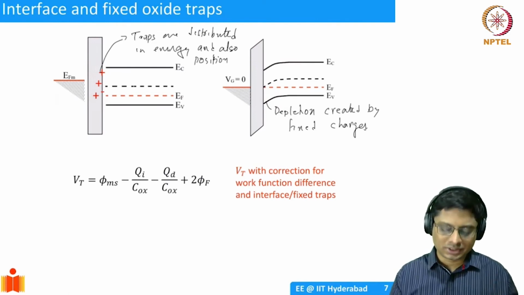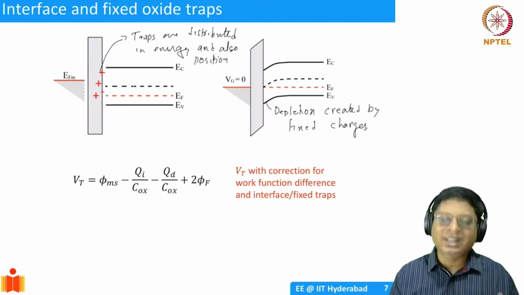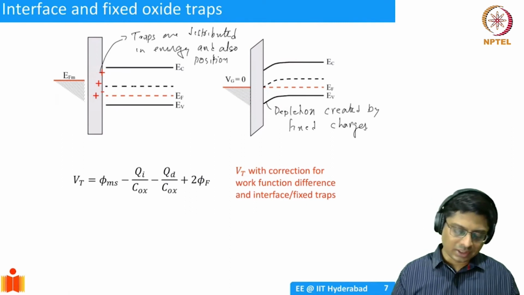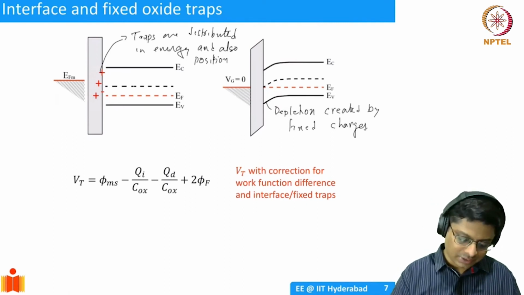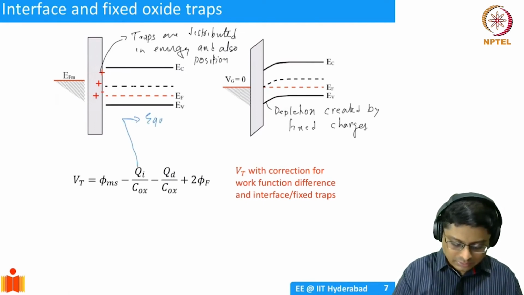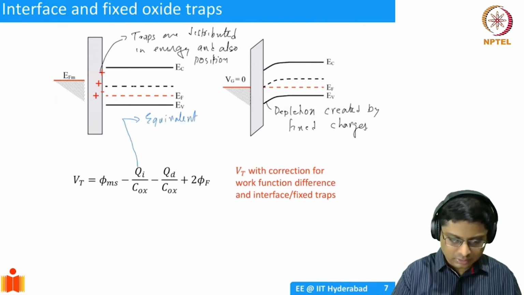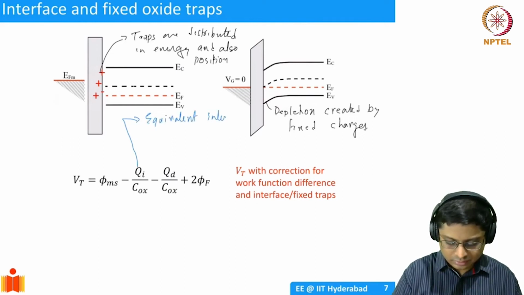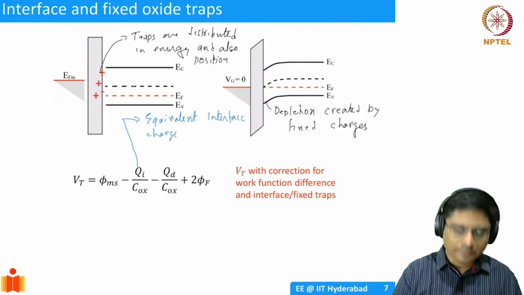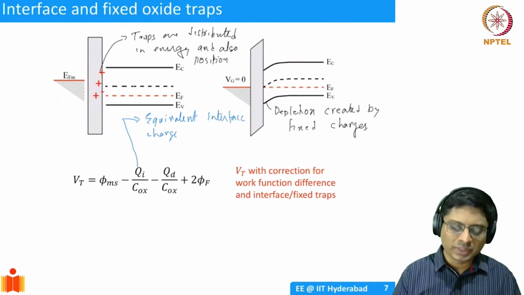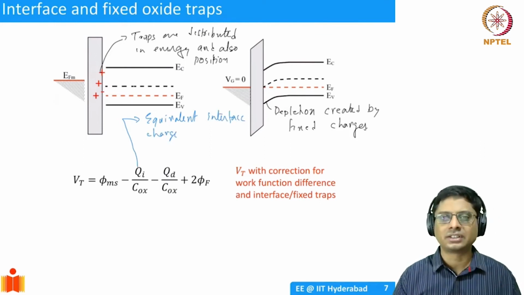So we can make an assumption to account for this. We will define what is known as an equivalent interface charge. It is assumed to be at the interface between silicon and silicon dioxide.